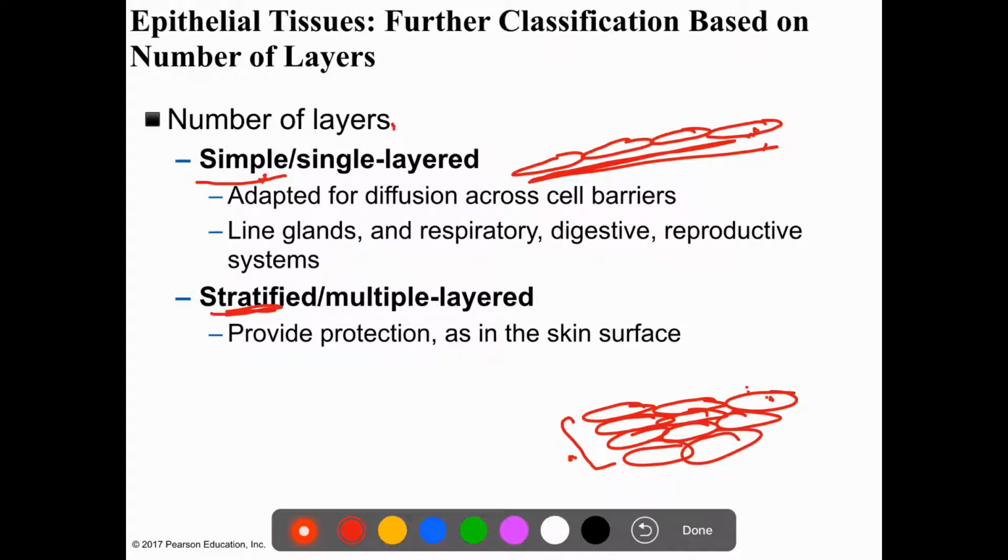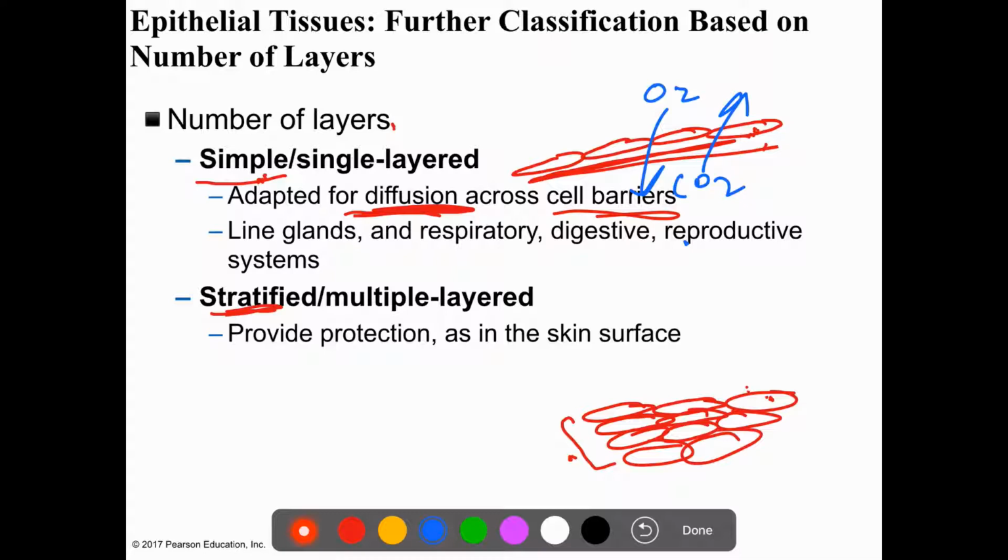Usually the single, simple layer of epithelial cells helps with diffusion across cell barriers. For example, in our lungs, oxygen and CO2 need to diffuse in and out. If there were several layers of cells, then oxygen could not diffuse.